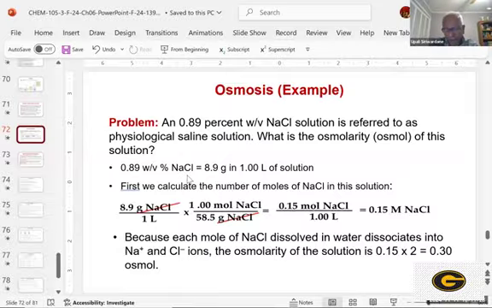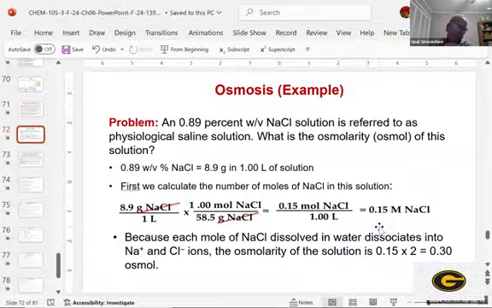Why multiplied by 10? Percentage is per 100, liters are 1,000. Therefore, to convert 100 to 1,000 you have to multiply by 10. Therefore, the sodium chloride in the solution converted to moles gives you 0.15 moles in 1 liter. So the molarity of the sodium chloride solution is 0.15.